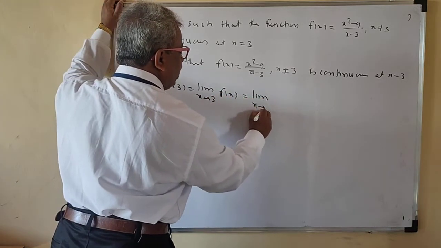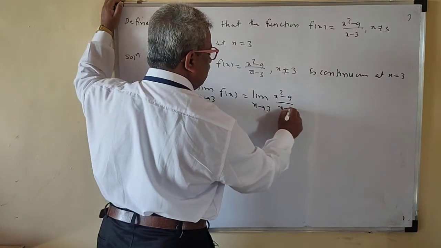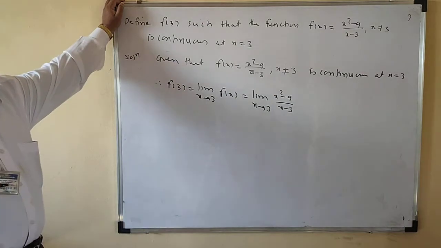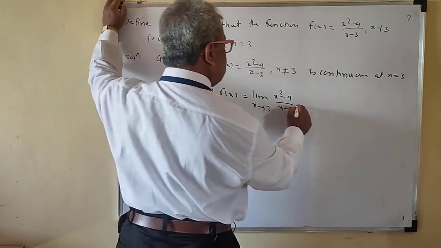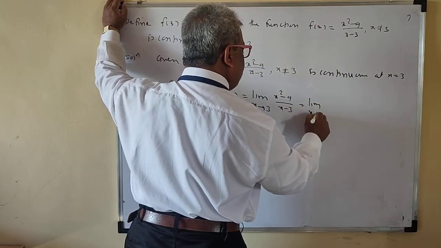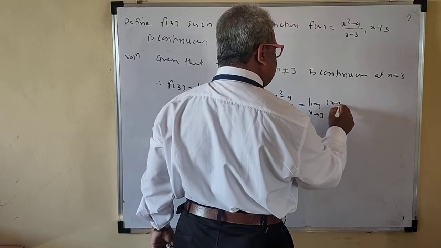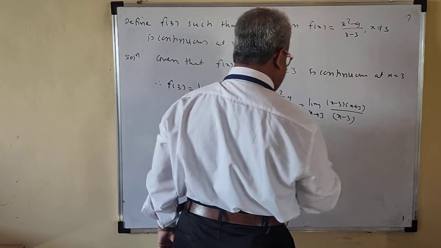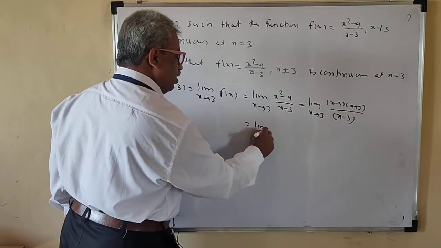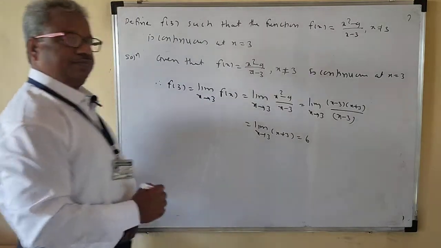So this limit is x square minus 9 upon x minus 3. Okay, so this is 0 by 0 form. So you can write this as x minus 3 times x plus 3 upon x minus 3. So this is equal to limit x tends to 3 of x plus 3, and that is 6.